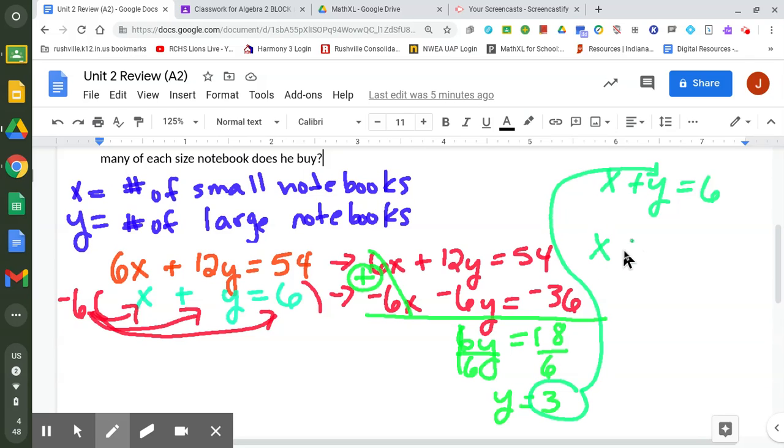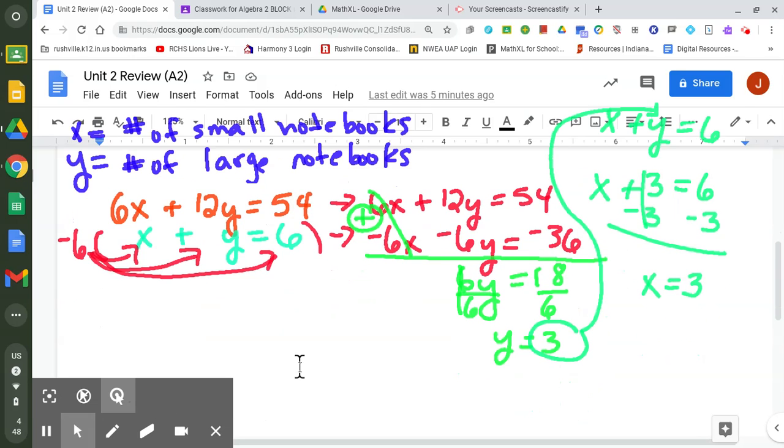So x plus 3 equals 6, minus 3 on both sides of the equal sign. So x equals 3.